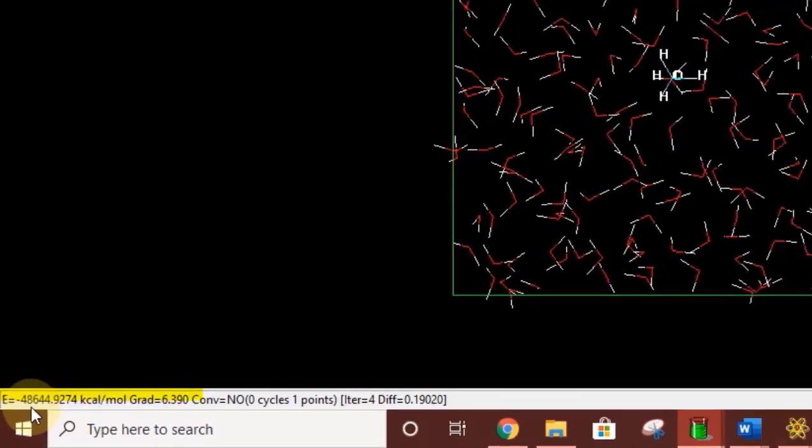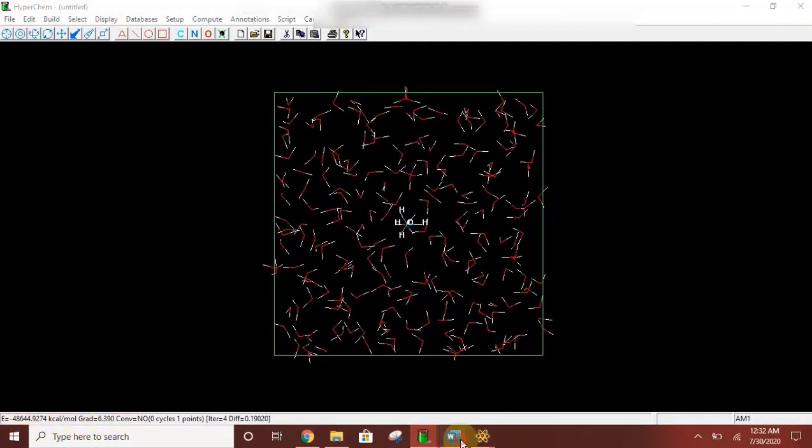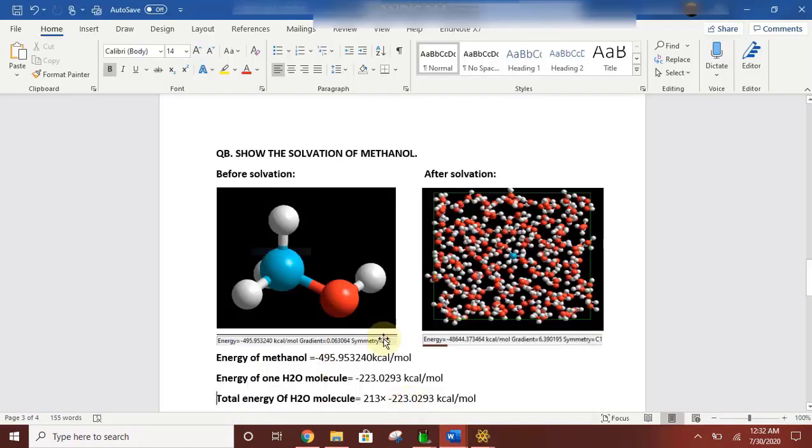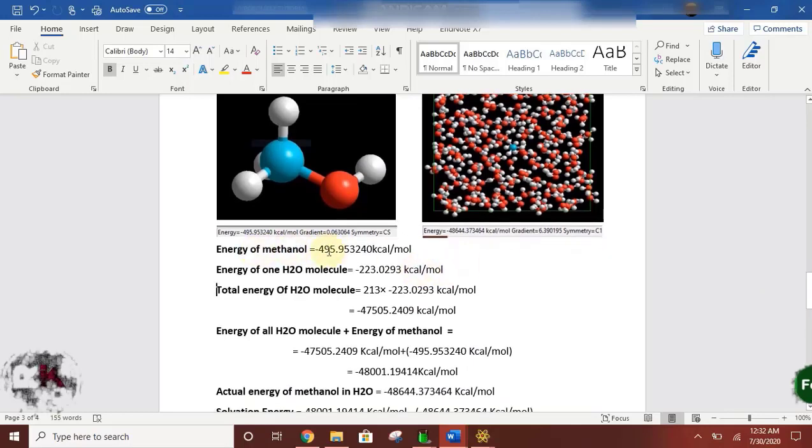Now to calculate the solvation energy, we move towards our Word file. Write down the energy of methanol you noted down in your notebook.